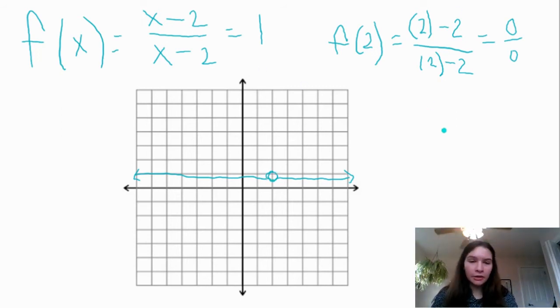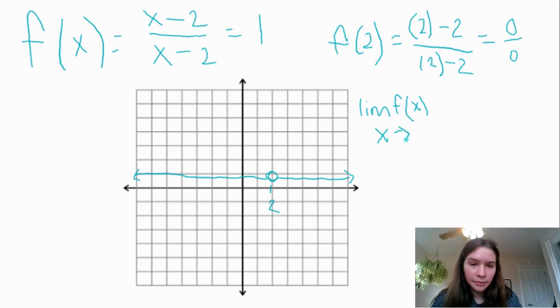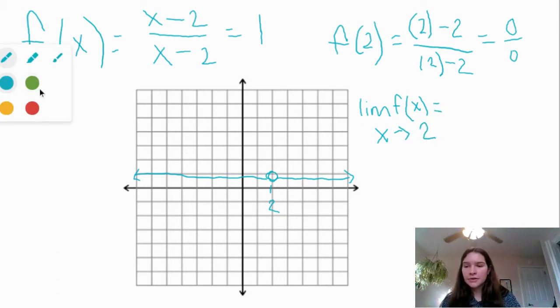So what does this mean for the limit? Let's find the limit when x equals 2. So the limit of f of x as x approaches 2. So let's look at this graphically.